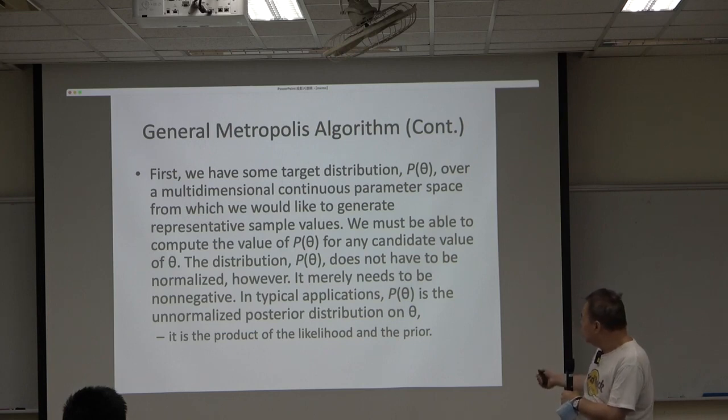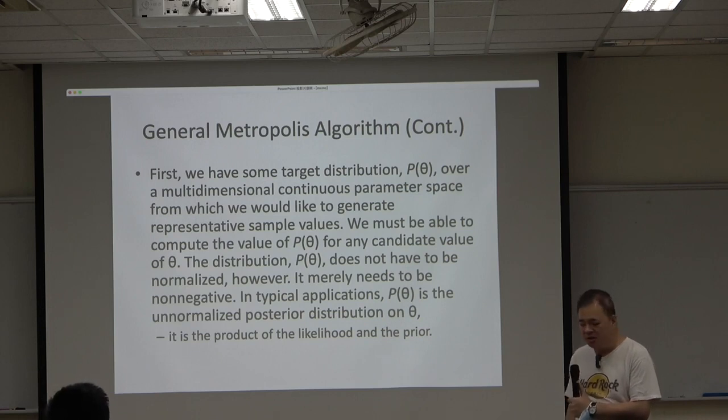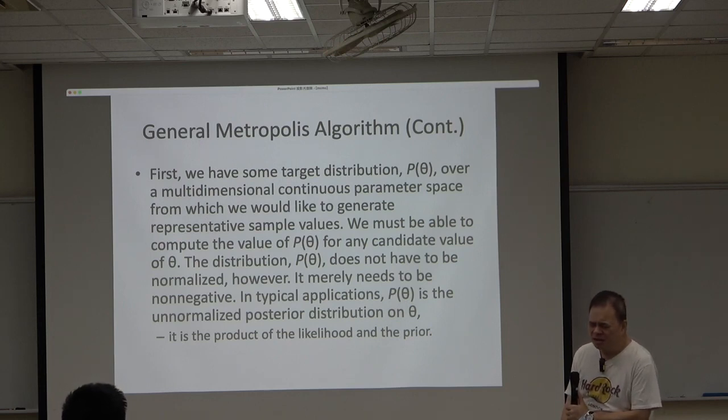So we must be able to compute the value of P of theta for any candidate value of theta. That is not a problem, because we only need something proportional to P of theta, which is the likelihood times the prior.